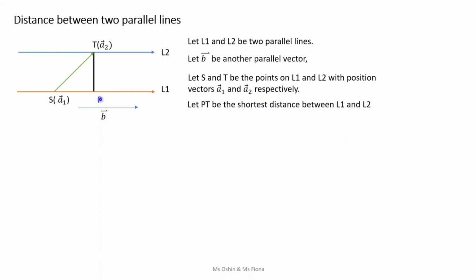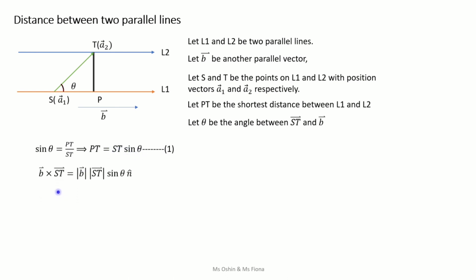Now observe that PST forms a right angled triangle. Let's take the angle between SP and ST as theta. So the angle between vector B and vector ST will be equal to theta. Now from the triangle, sine theta will be opposite by hypotenuse, that is PT by ST. So we get PT, that is the distance, equal to ST into sine theta.